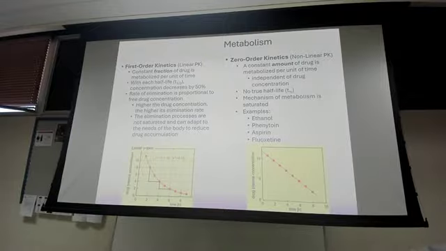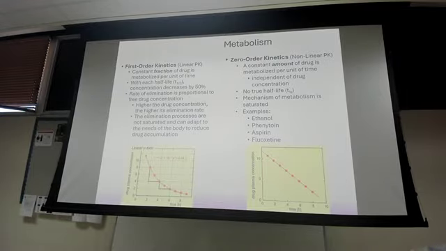When you're looking at your first order kinetics, this becomes a little bit more tricky. This one is saying, all right, the higher amount of drug that you put in, the higher the elimination rate. And sometimes this can be proportional, but sometimes it cannot be proportional. And so that's why that becomes tricky when you're looking at your first order. So when we look at some of this, we don't talk about it a lot with our meds.